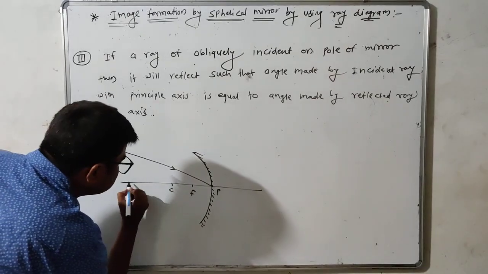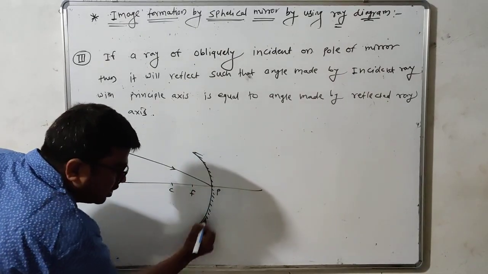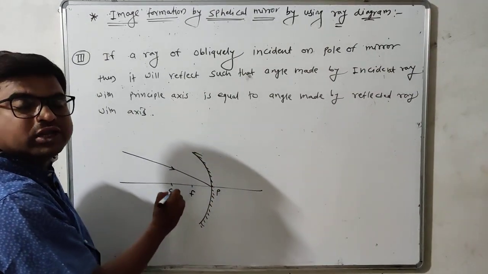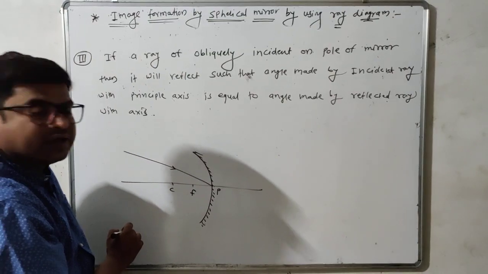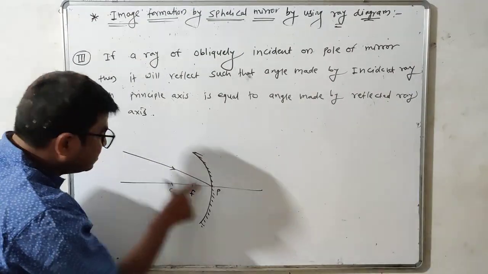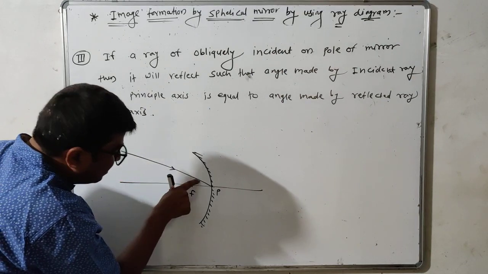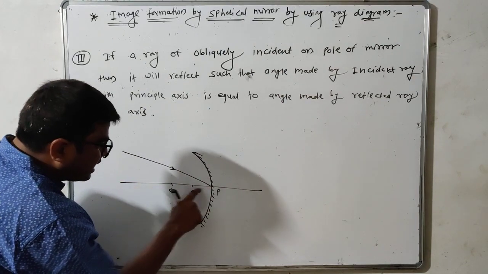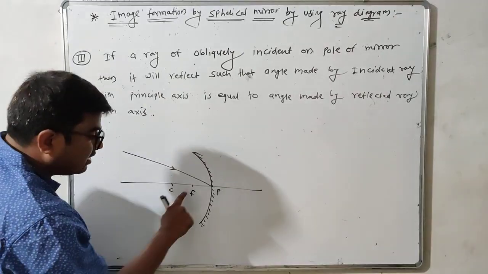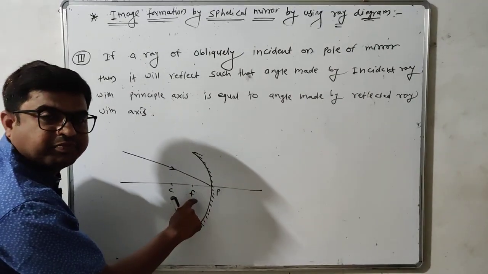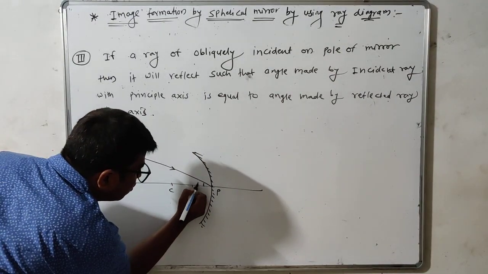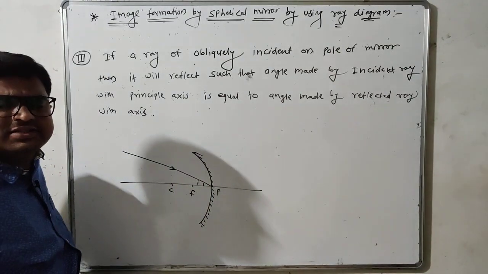That means the principal axis is normal to the reflecting surface, and the point of incidence is also the pole. So the principal axis plays the role of normal in this case, and the angle made by the incident ray with it is called the angle of incidence.